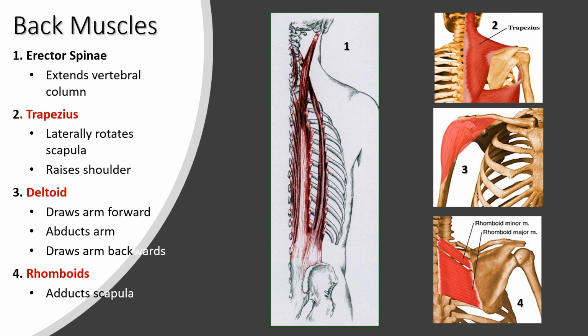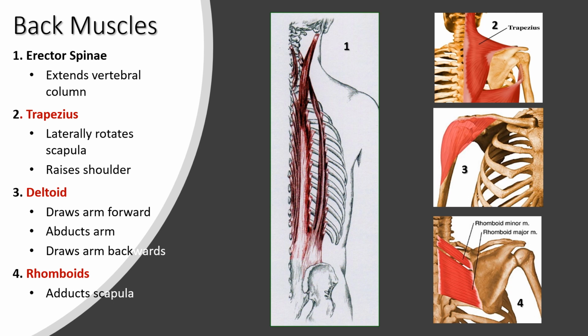The rhomboids are the very deep shoulder muscles. They come across from the medial side of the scapula to the spine at a slight angle. We can see that they are the major and the minor sits on the top of the major, and the major's 2 times the width of the minor, so a bigger muscle.